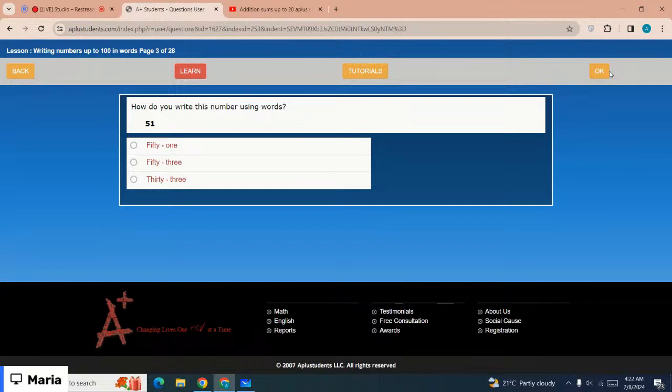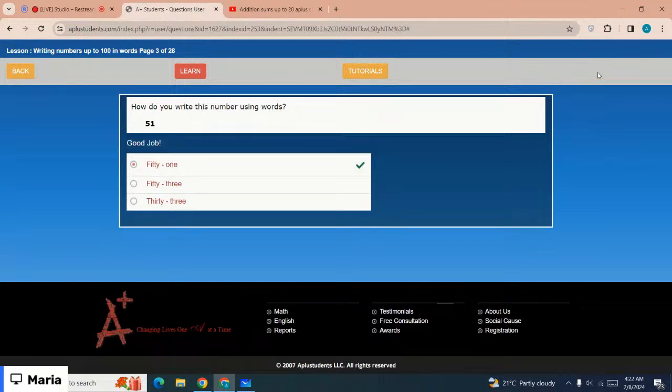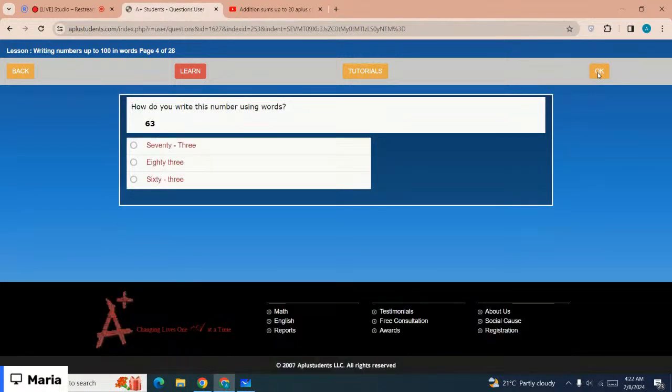How do you write this number using words, like 51, right? So, option number 1 is the correct option. That's how you read this number. You cannot read it as 5 and 1, you read it as 51. Got it? Okay, the next one is how do you write this number using words?